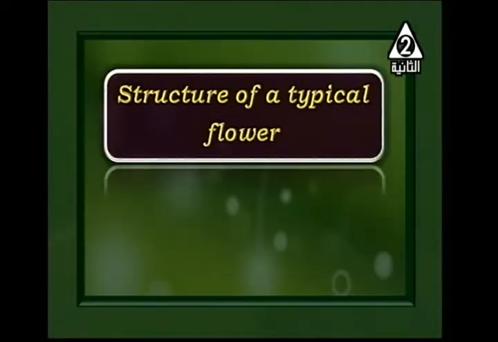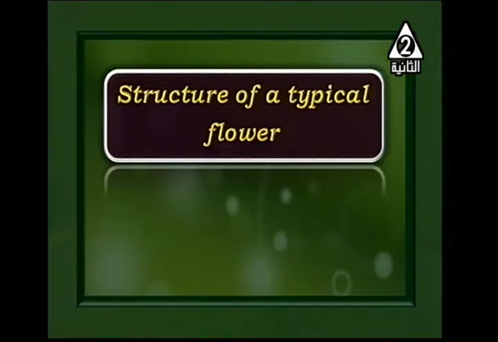Well, what is the structure of a typical flower? The expression typical flower here doesn't mean that some flowers aren't typical, but a typical flower in our study means what? It means it contains every floral part, okay?